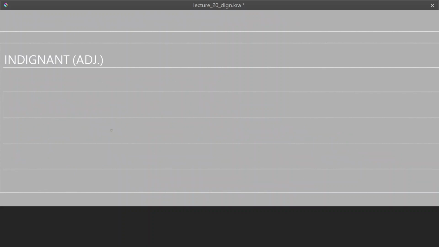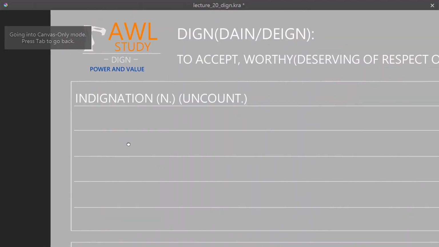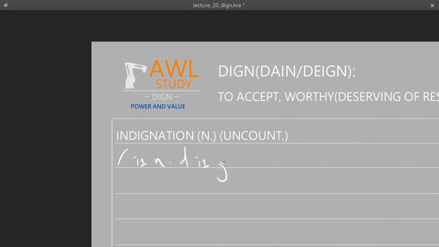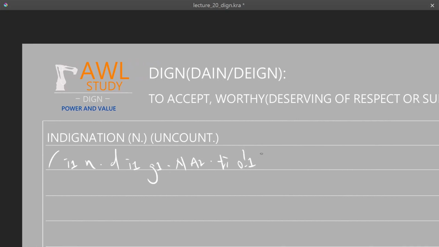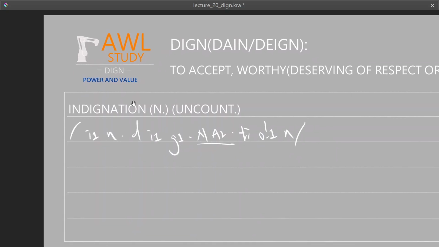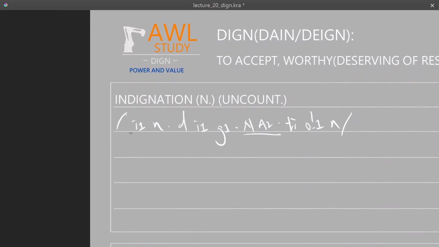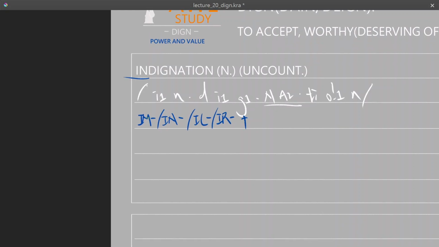All right. Next we have indignation. So now the stress becomes the third syllable. Indignation. All right. We have again the prefix IN, which is a variant of IN, with IM, IN, IL, IR. Pretty common negation prefix, meaning not.